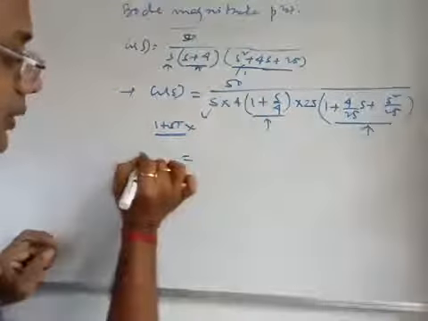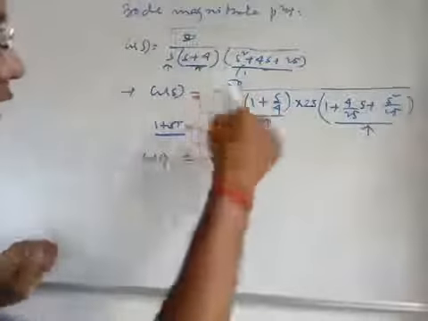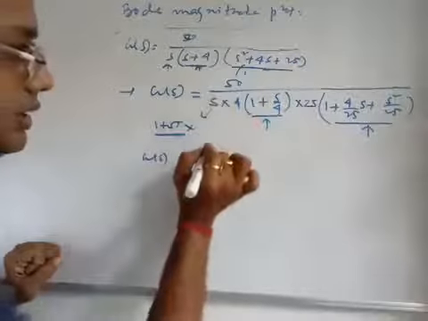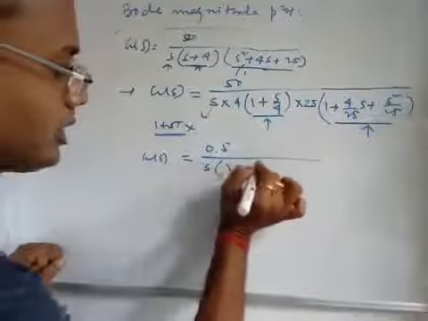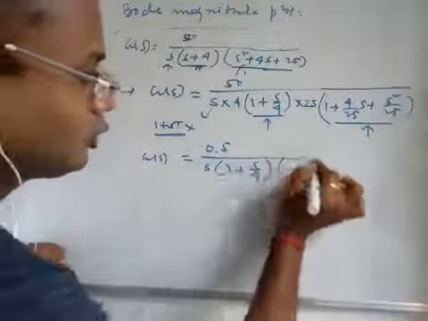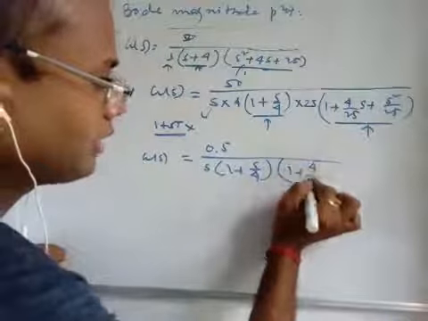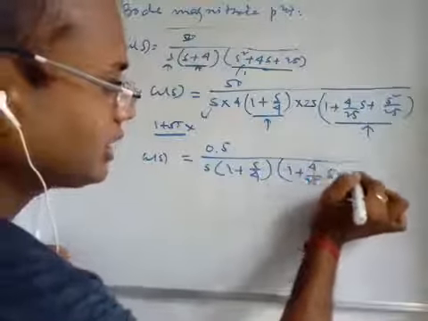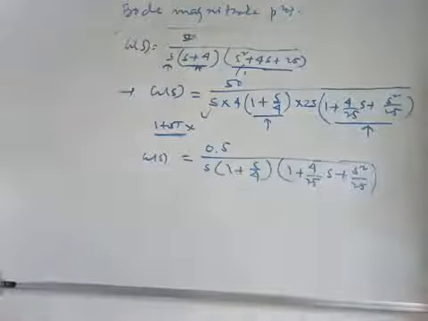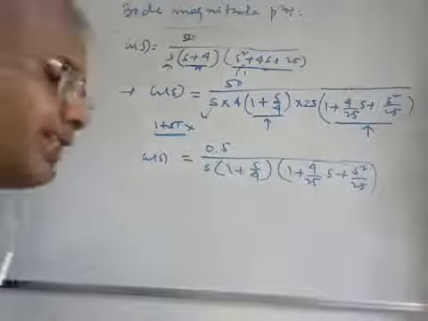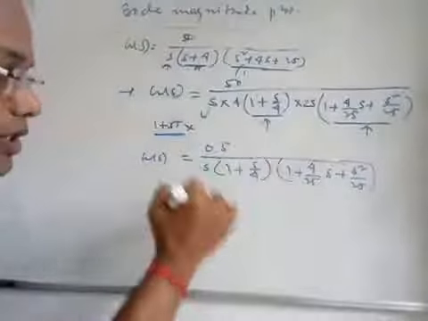After simplification and rearranging, what we get is 0.5 by s into 1 plus s by 4 into 1 plus 4 by 25 s plus s square by 25. So what is the purpose of actually getting this time constant form?